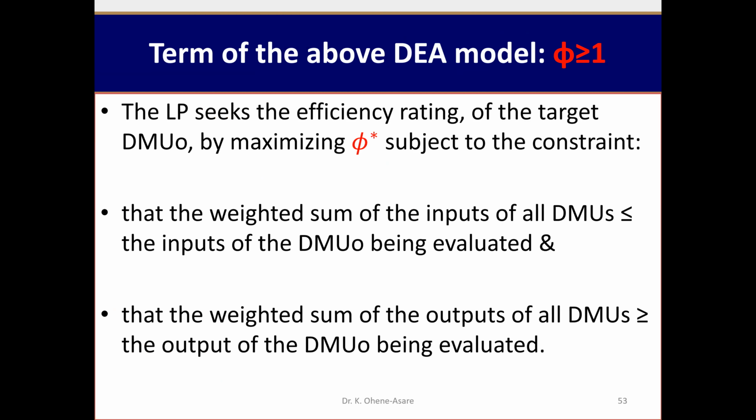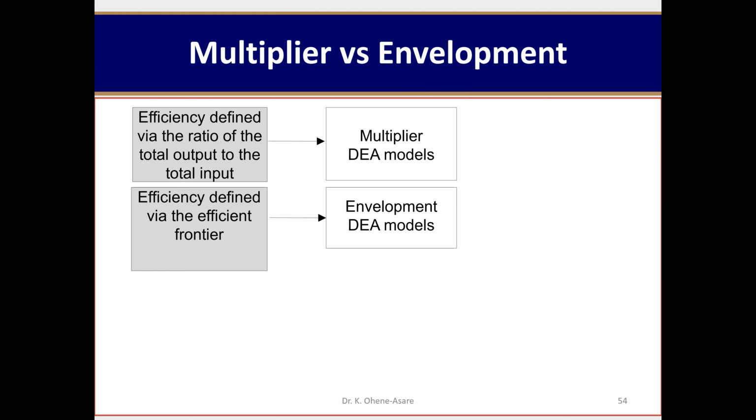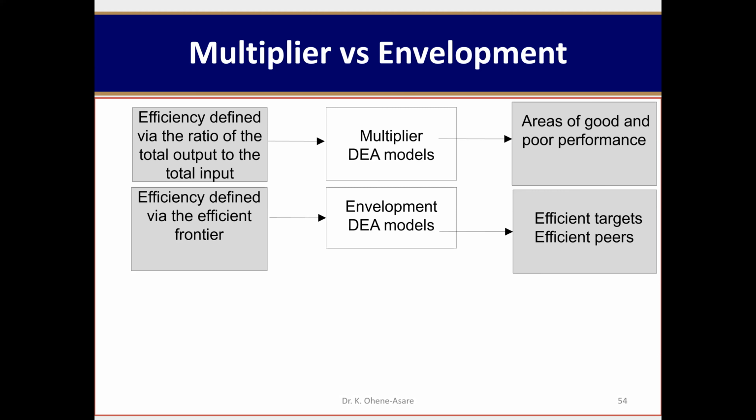What we are going to do today is very, very critical. We are going to tie up the relationship between the multiplier model and the envelopment model. Now, what is the main difference? We've said it before. The way the multiplier model works is different from the envelopment model.